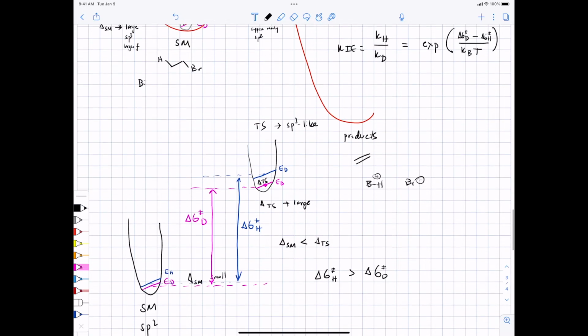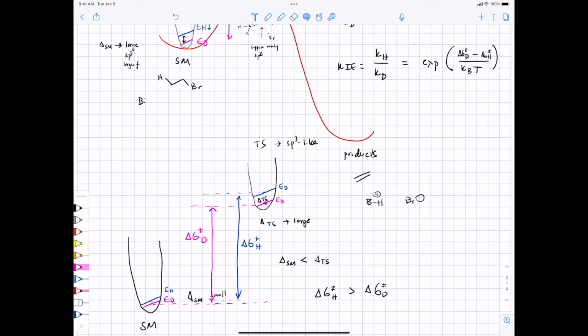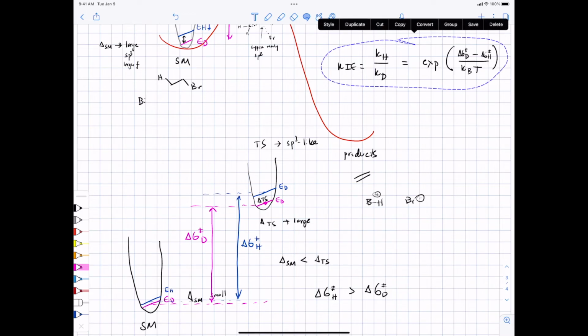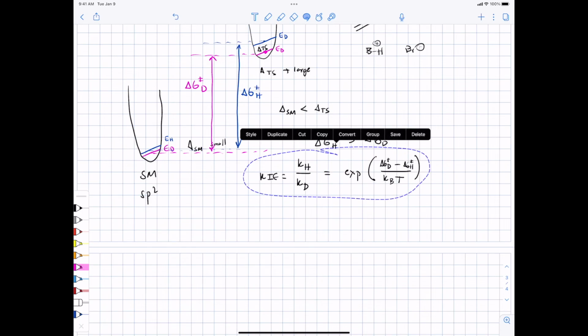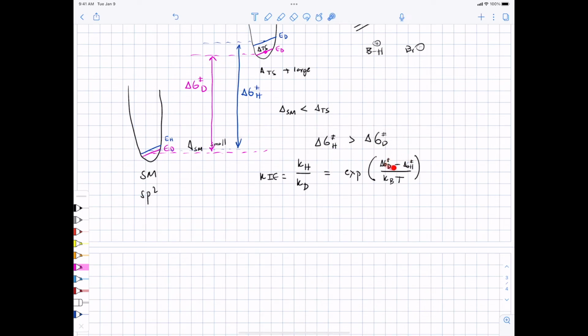And then if we go back to our equation for our kinetic isotope effect, if that's true, then this number is negative, which means the reaction is actually faster for deuterium, and that means this ratio should be less than 1.